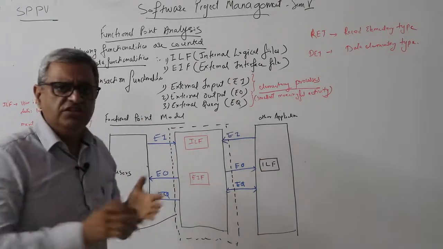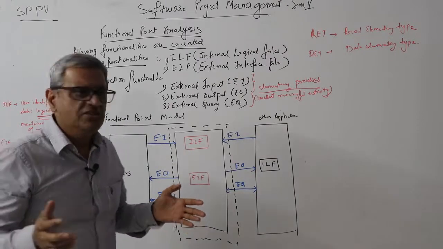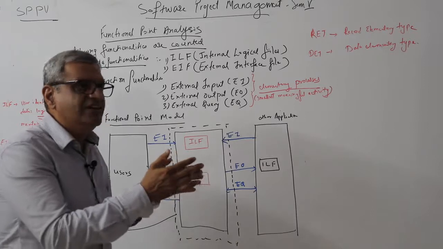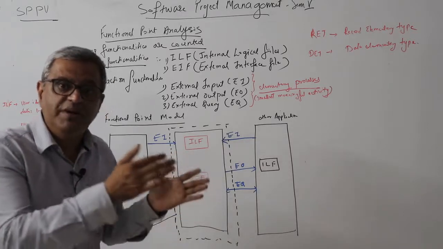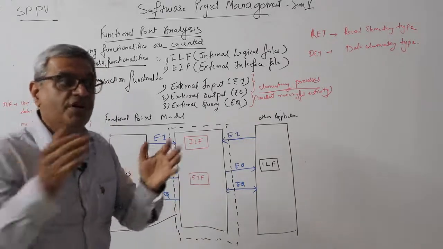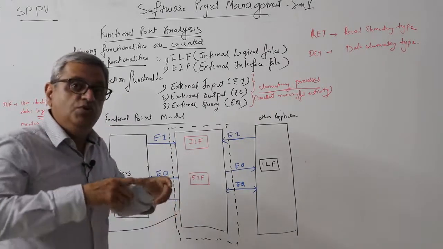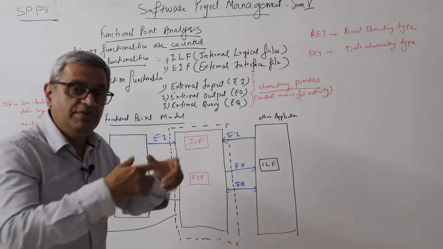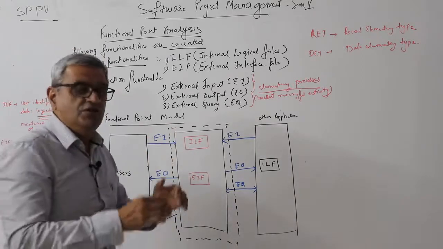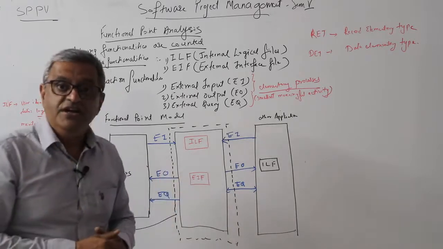External input is something which comes as an input, either keyed in or given by the user, or comes as an input from some other application into the software which is currently getting measured.